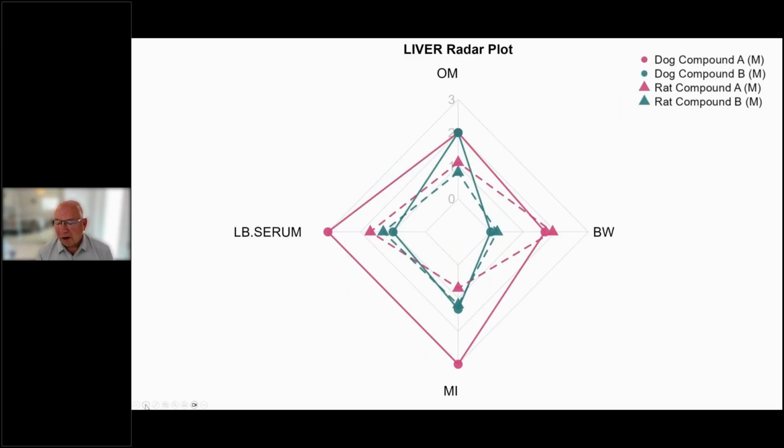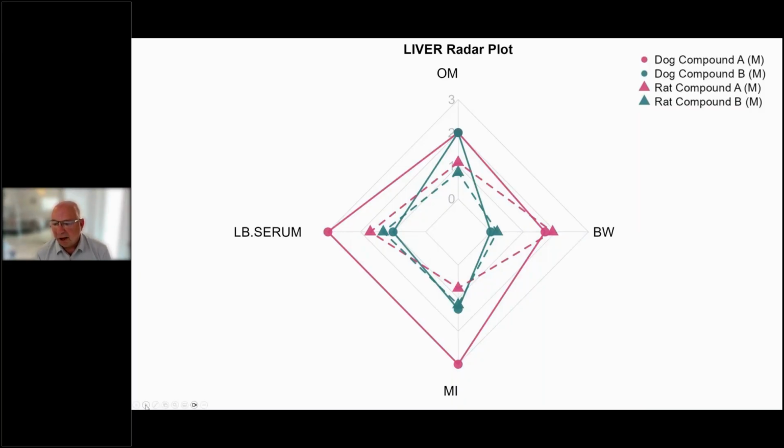So this is a radar plot we created just for liver. The points here are OM, which is organ weights, body weight, MI is the microscopic evaluation, and LB is the clinical chemistry evaluation. And again, we start to see some of the details of why the compound A dog data is separating.